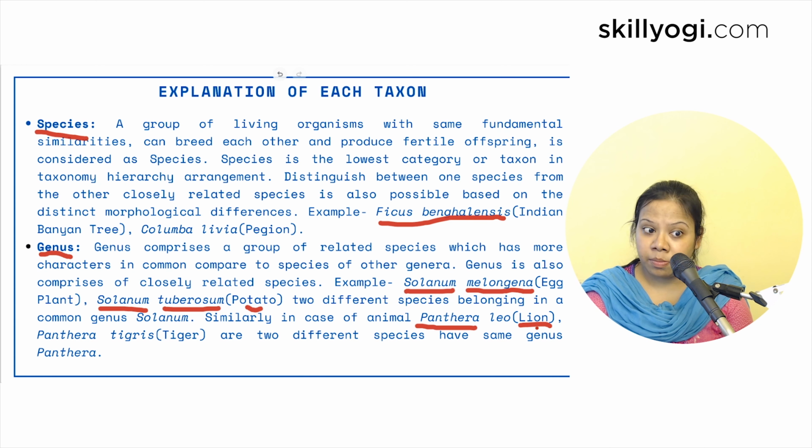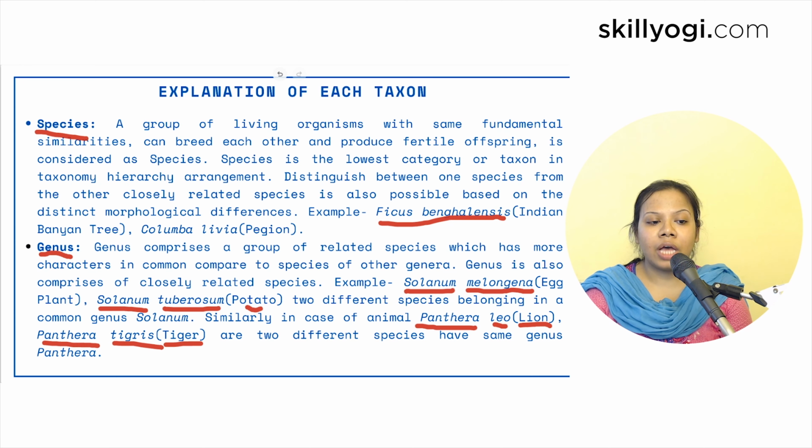The scientific name of lion is Panthera leo, and tiger is also present in this genus, Panthera. What is the scientific name of tiger? The scientific name of tiger is Panthera tigris. So both are in a single genus, that is Panthera.